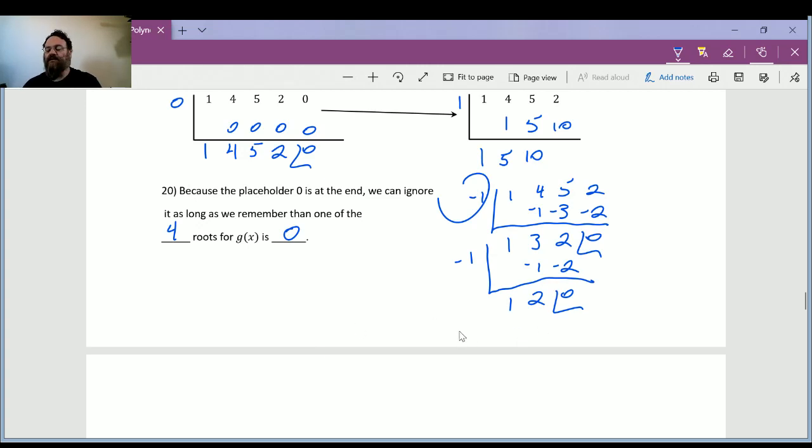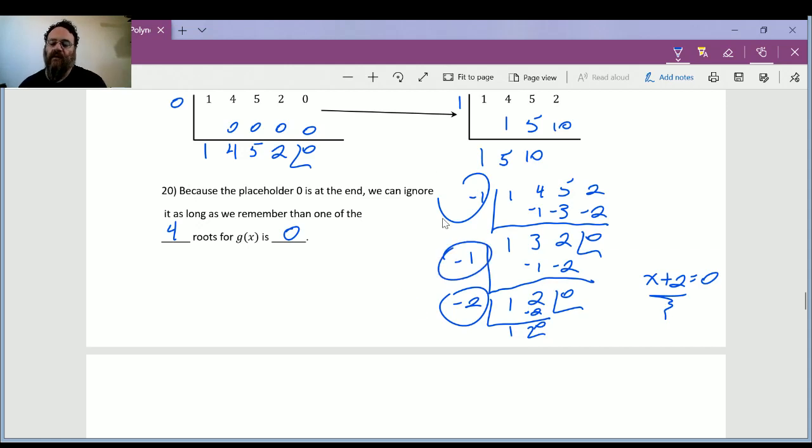Since we've got it down to 2 numbers, you can either think of this as x plus 2 and solve that, set it equal to 0, or continue with synthetic division, we're going to do -2. So these are the other 3 zeros that we've got.